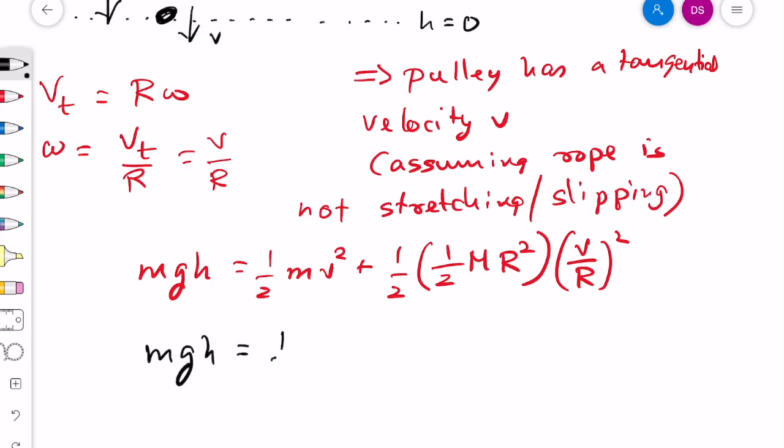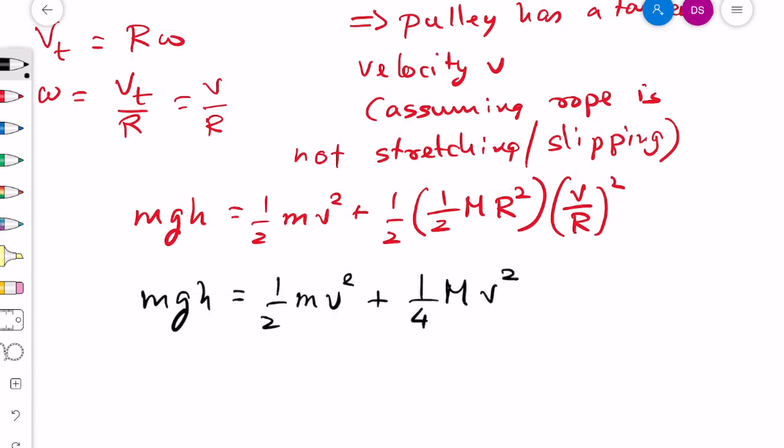Mgh is equal to 1/2 mv squared plus 1/4 capital M. The r squared cancels out, v squared, right? And so if you multiply both sides by 2, you get 2 mgh is equal to m plus capital M divided by 2, times v squared.